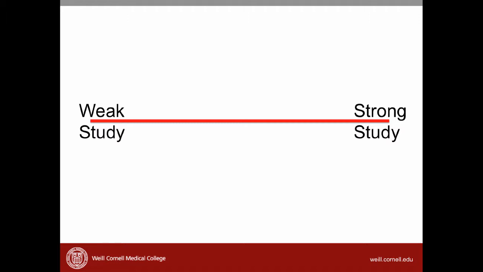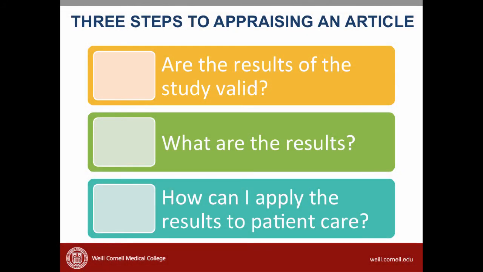Remember, validity is a spectrum. Studies can be weak and studies can be strong, or they may be somewhere in between. In the case of this study, I think they met all of the validity criteria, and so I believe that it was a strong study. Now that we've decided that it is a strong study, and we believe the results, it's time to interpret those results.